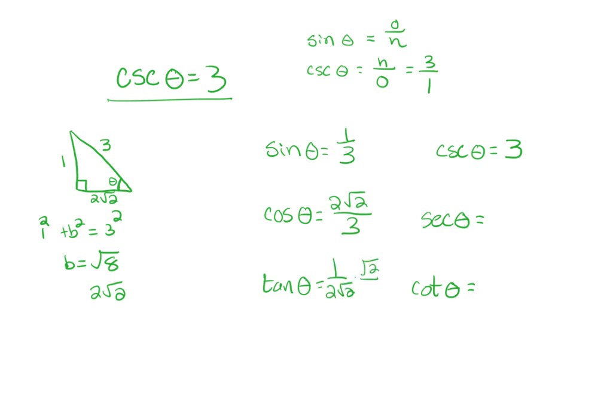If I multiply top and bottom by the square root of 2, I'll have square root of 2 over 4. Secant, 3 over 2 square roots of 2, rationalize. So 3 square roots of 2 over 4. And then cotangent, 2 square roots of 2.